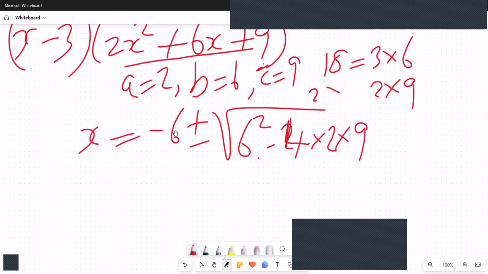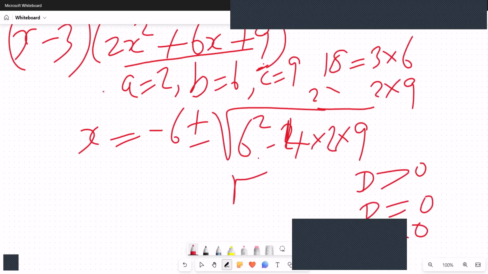Okay, so I like to look at the discriminant. Remember, if the discriminant is greater than 0, two real solutions. If the discriminant is equal to 0, one real solution. If the discriminant is less than 0, imaginary solutions. So the one thing I want to check is whether the discriminant is less than 0. We see that 6 squared is 36, 4 times 2 is 8, 8 times 9 is 72, greater than 36.